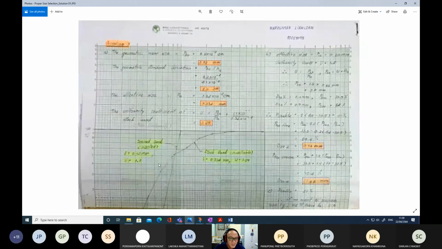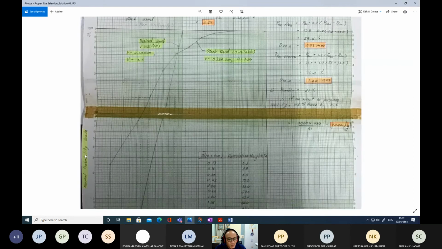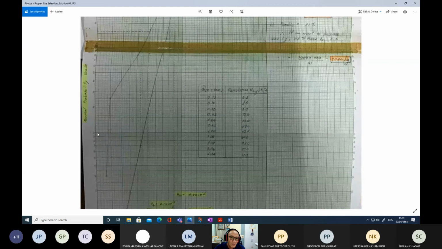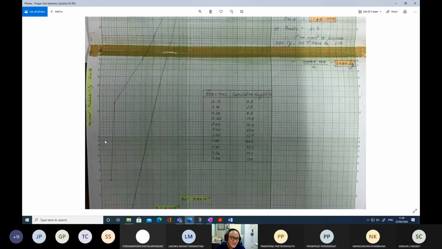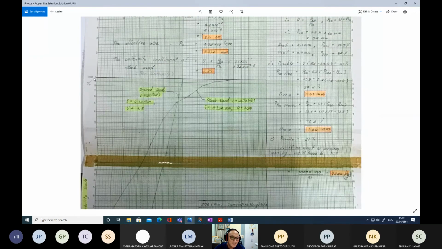Finally, you can determine the geometric mean size, which is the P60. So where is the 60? Remember that this is the log scale, so this must be 1, this must be 10, and then this must be 100. So we have to plot on log scale paper like this.